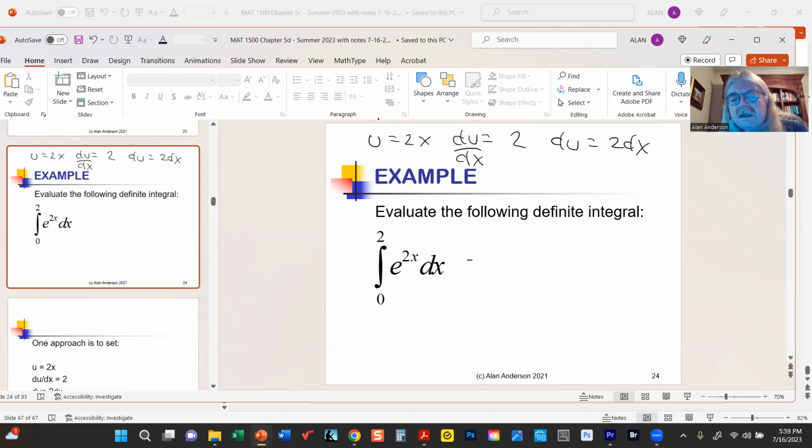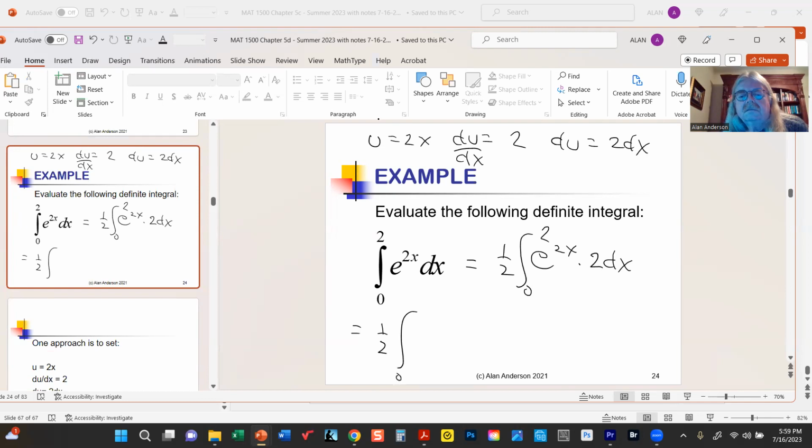That means we're only missing a constant here. Okay, so the actual integral is easy because it's just e to the u du.